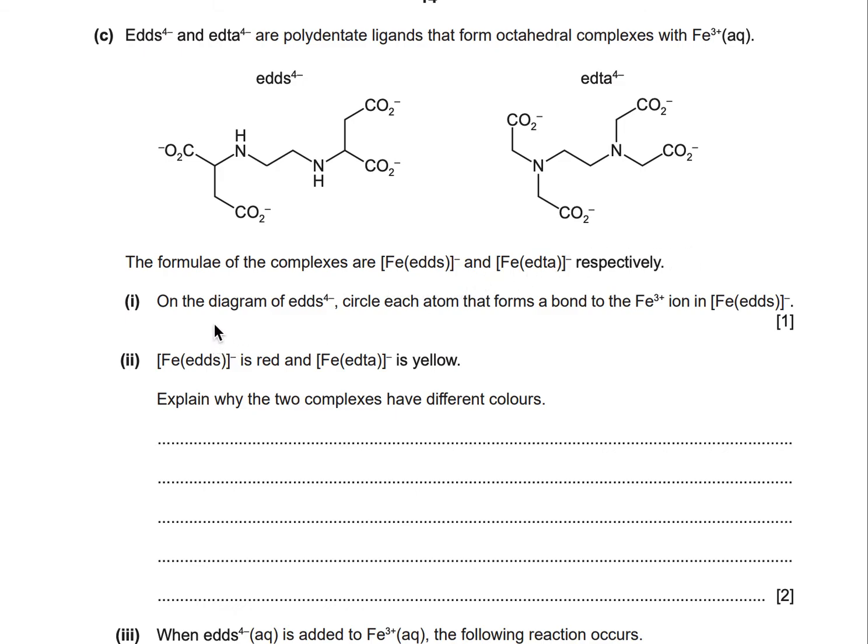On the diagram of EDDS 4 minus, circle each atom that forms a bond to the Fe3+ ion. Okay. How are we going to figure that out?